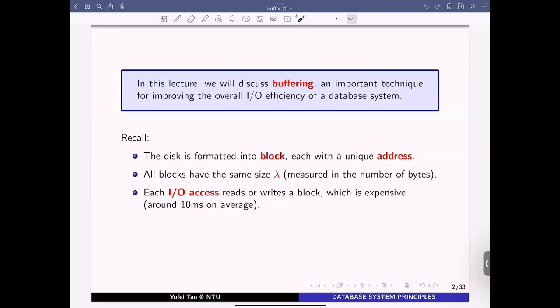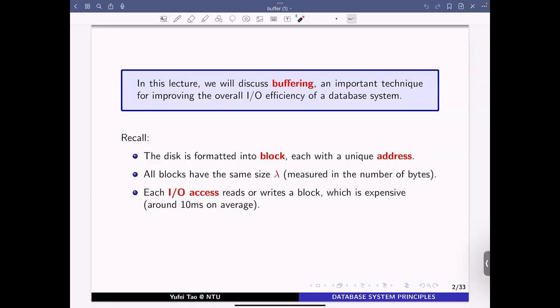So how expensive? You cannot say exactly the same for every single IO, but over a sufficiently long period of time, you will be able to calculate some good average. I would say 10 milliseconds would be a very convenient and reasonable estimate for the average.